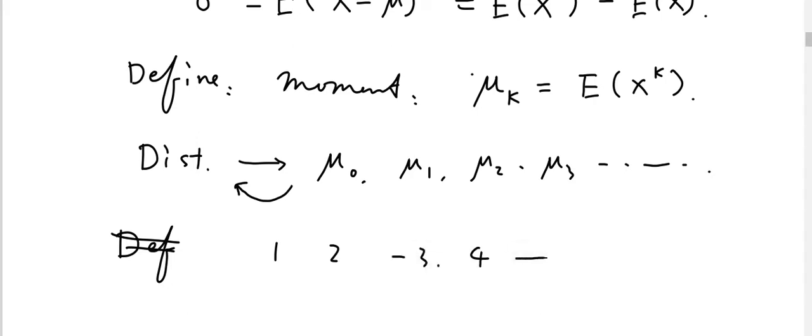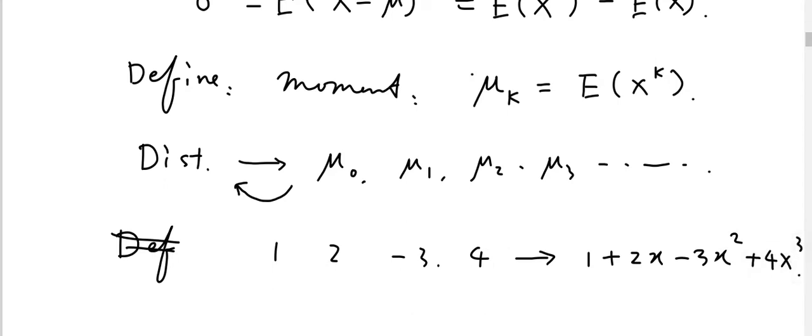From these we can produce a polynomial like 1 times x^0, plus 2x, minus 3x squared, plus 4x cubed.